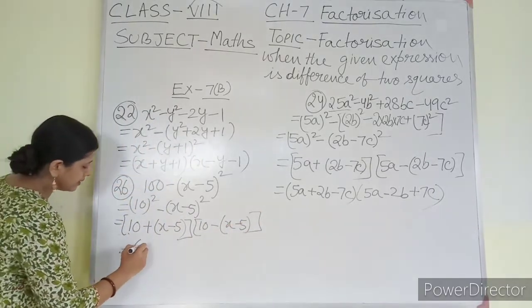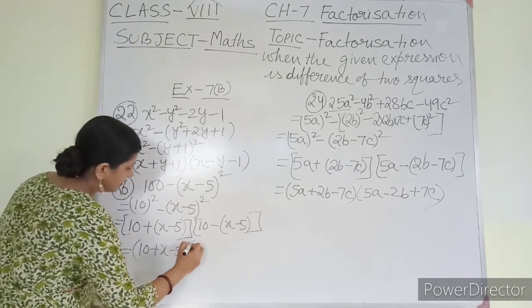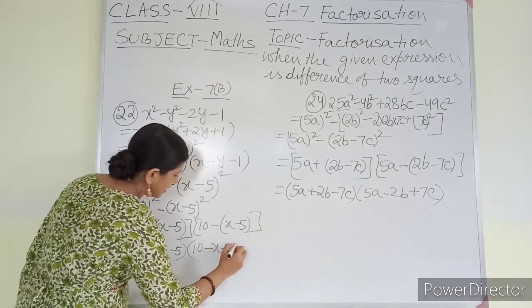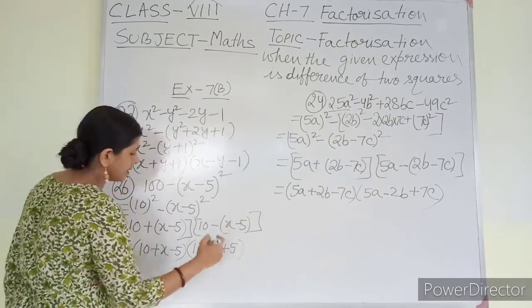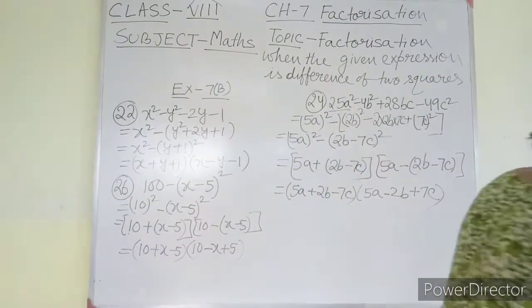Now open the bracket, 10 plus x minus 5, and this one is 10 minus x plus 5, because minus minus is plus.